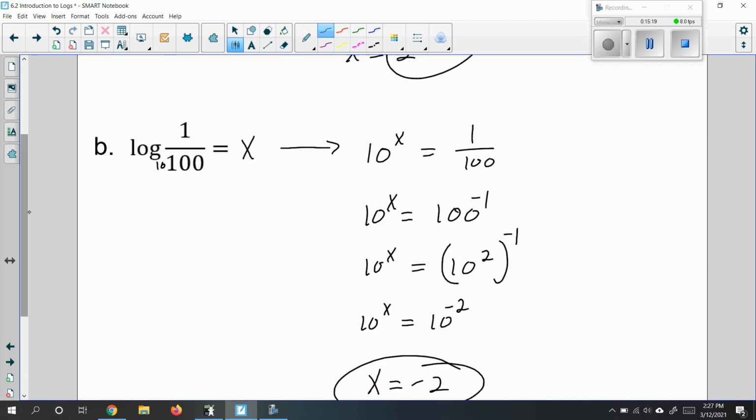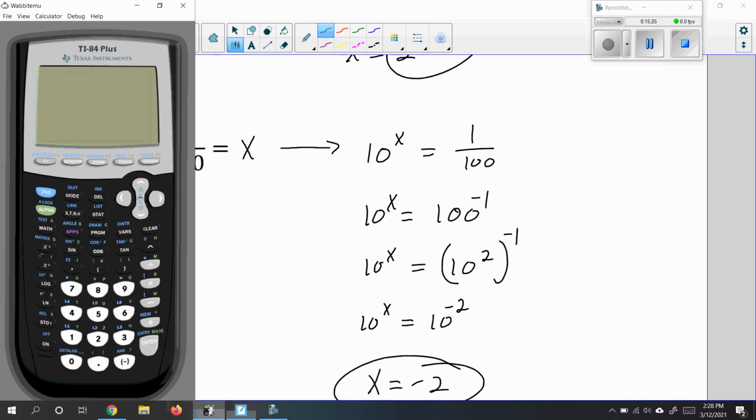And I can verify that by evaluating this in my calculator. Since this is a common log, I can easily evaluate it by pressing the log button. The log of 1 over 100 is negative 2.